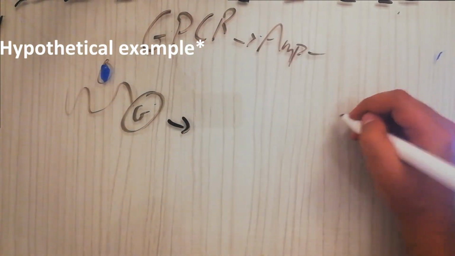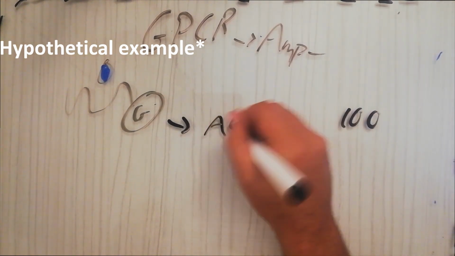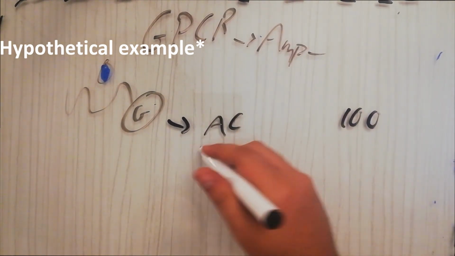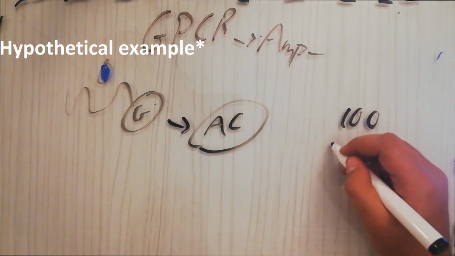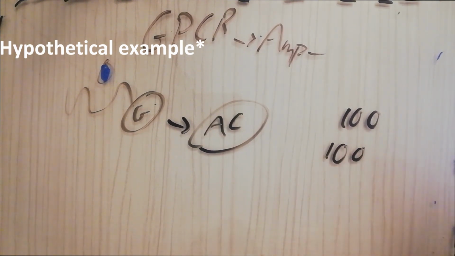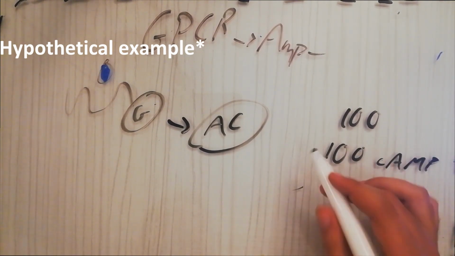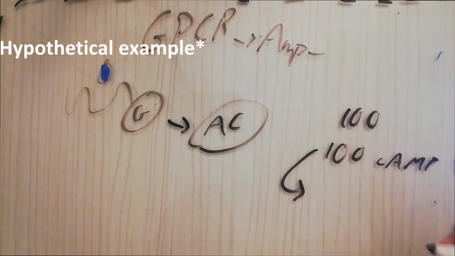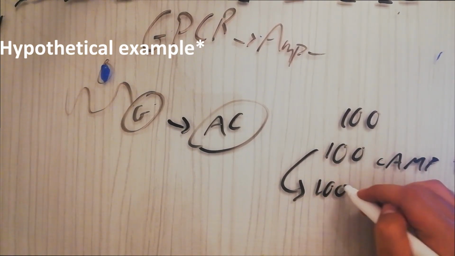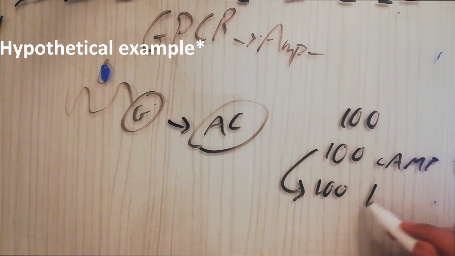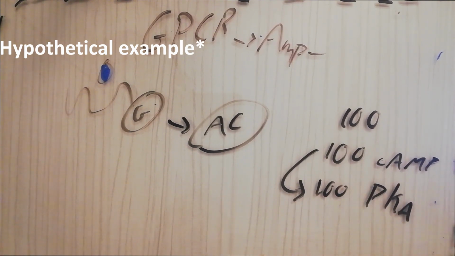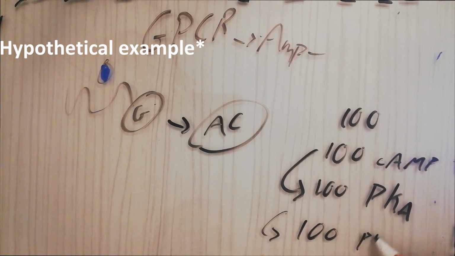This one activated receptor may then activate 100 molecules of adenylyl cyclase, and each one of these activated molecules of adenylyl cyclase would cause the formation of 100 molecules of cyclic AMP, and each one of these molecules would activate in turn 100 molecules of protein kinase A. And each molecule of protein kinase A can phosphorylate 100 protein molecules.